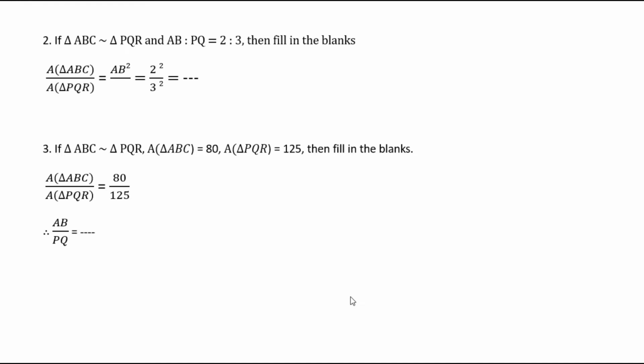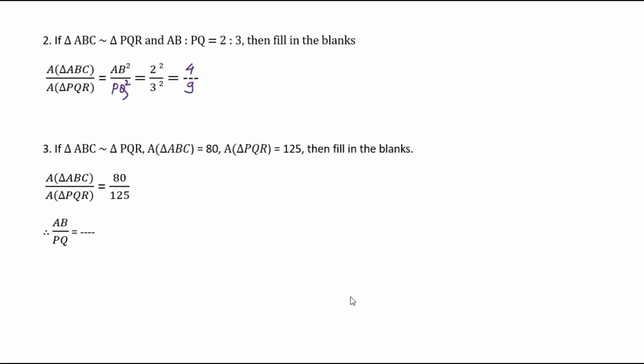The corresponding side of AB is PQ, so we can write PQ square. But AB upon PQ is 2 by 3, then AB square upon PQ square is 2 square upon 3 square. So the answer is 4 upon 9. It's so simple.